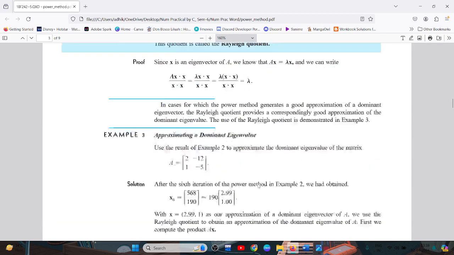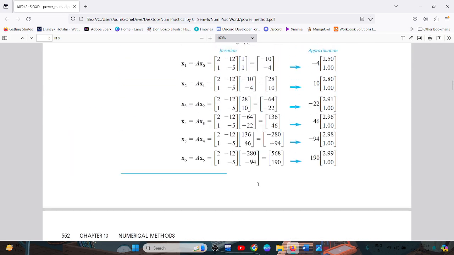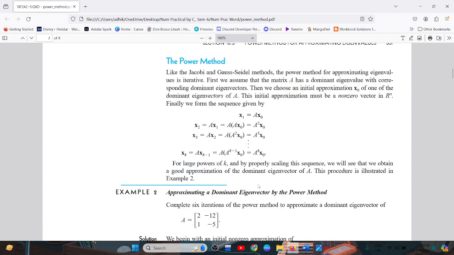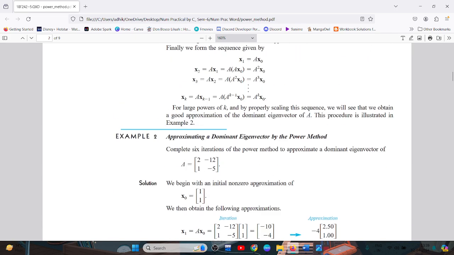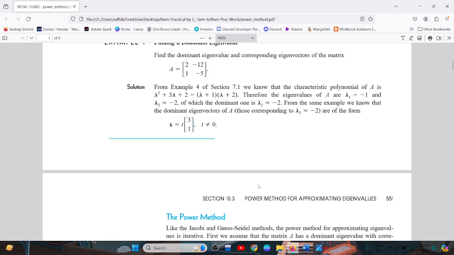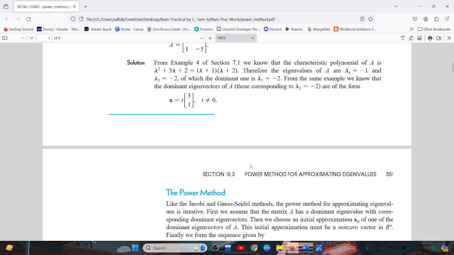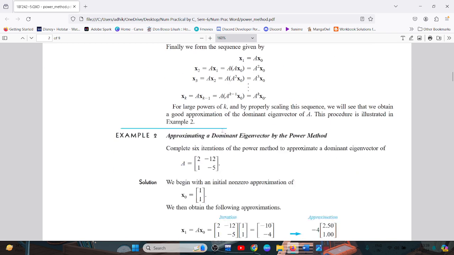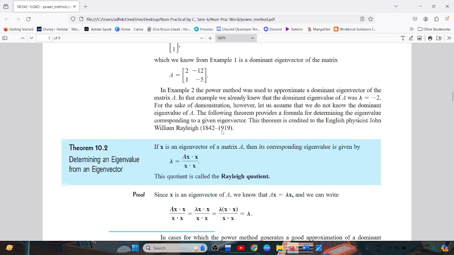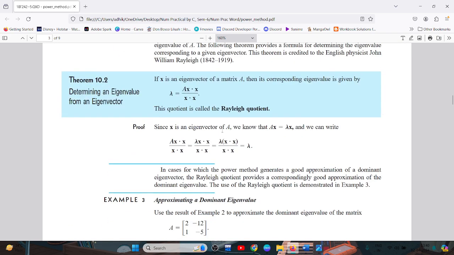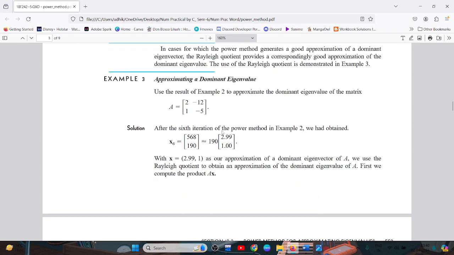This is a good approximation, because this matrix is 2, minus 12, 1, minus 5, and the corresponding eigenvalues from the characteristic polynomial are lambda 1 equal to minus 1 and lambda 2 equal to minus 2. So the numerically largest eigenvalue is minus 2. So by the Rayleigh quotient we easily find the eigenvalue from the dominant eigenvector.